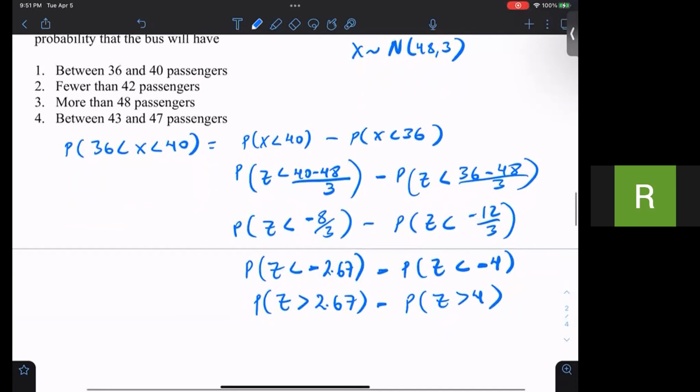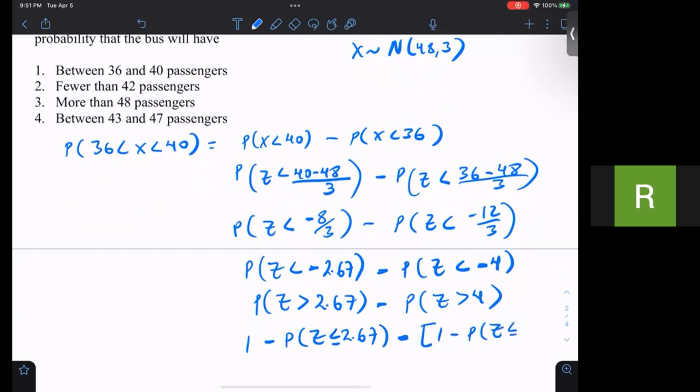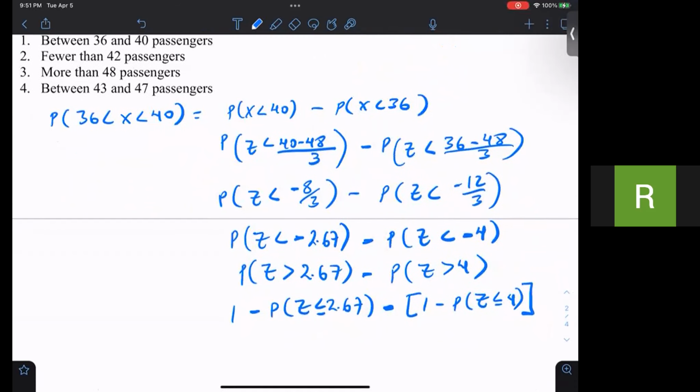This is to the right, so I need to do it to the left: 1 minus the probability of Z less or equal than 2.67.